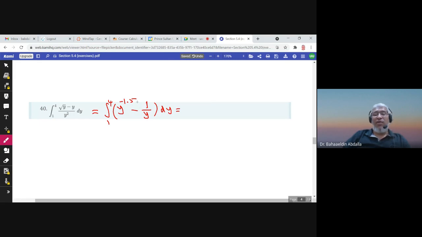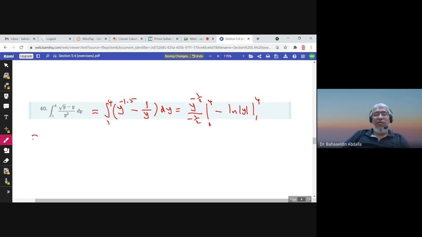If you add 1, you will have y to the power negative 0.5, or negative half, over negative half, from 1 to 4, minus integral of 1 over y is ln absolute value of y from 1 to 4.